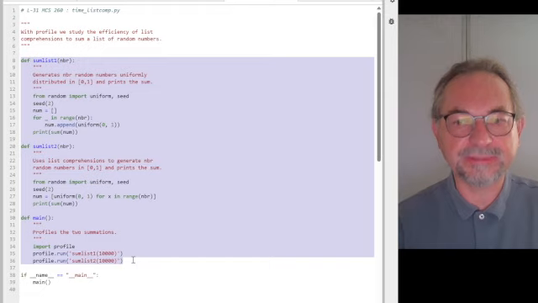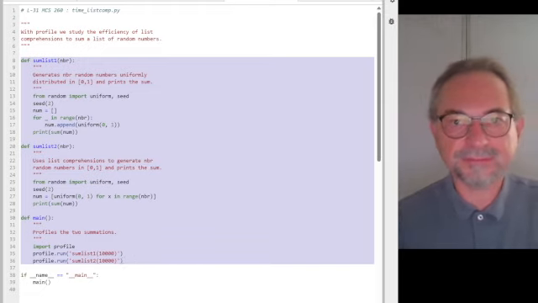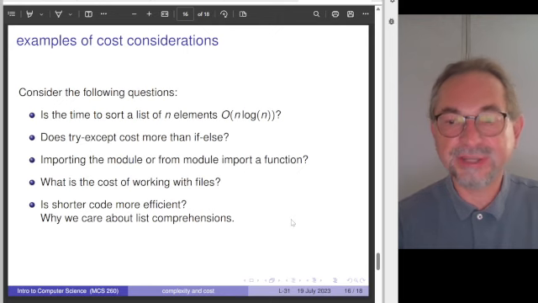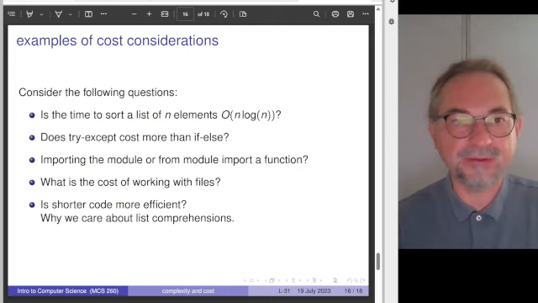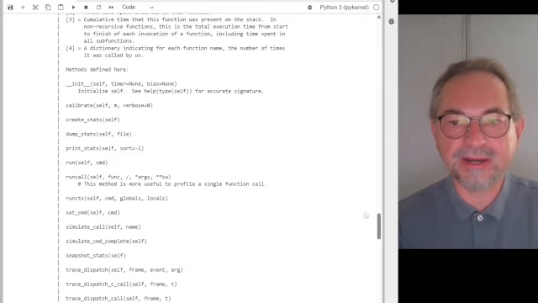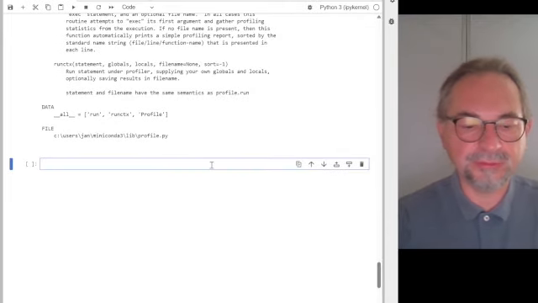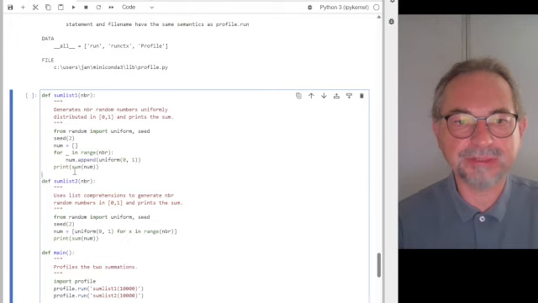So here is the script that I have, just to illustrate. So this is the last question. Is shorter code now more efficient? Why do we care so much about list comprehensions?